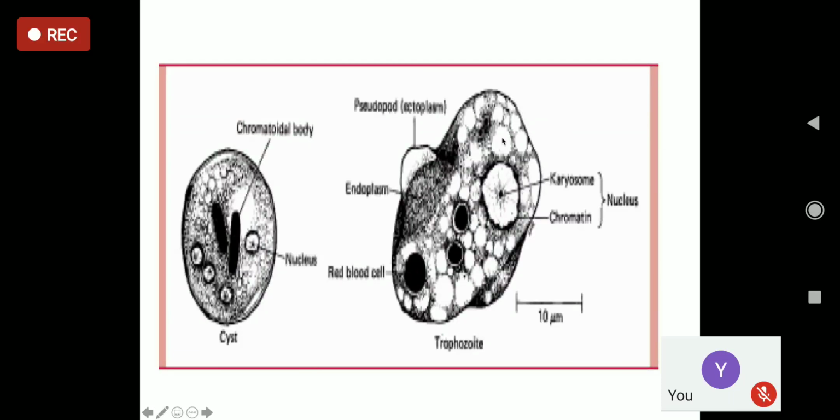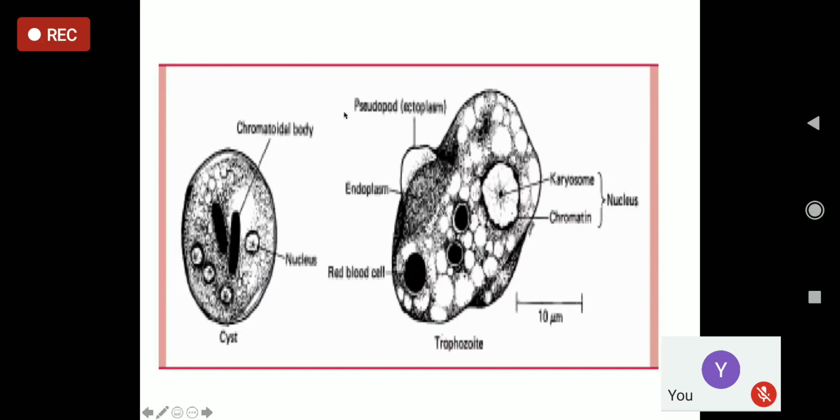These trophozoites move with a jerky movement during their motility, and their size is around 20 to 25 micrometer in diameter, but they do not have a distinct shape. Since they have the false leg-like structures, which are determined by the movement of this clear transparent fluid in the direction where the parasite has to move.